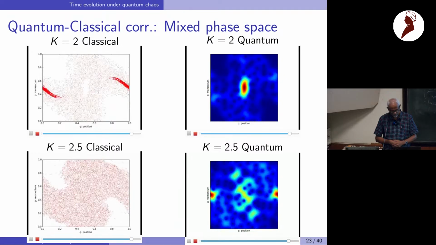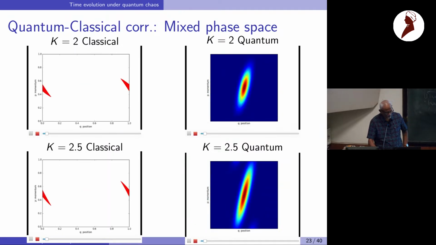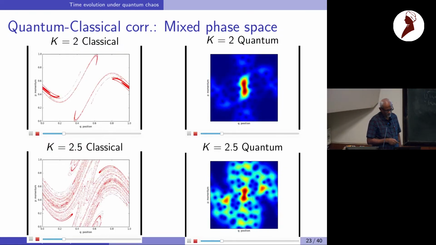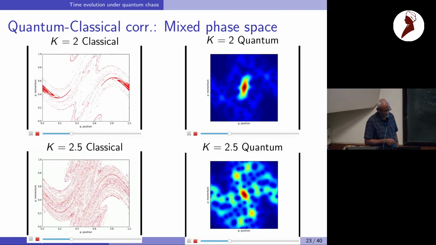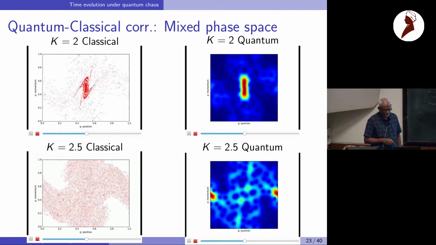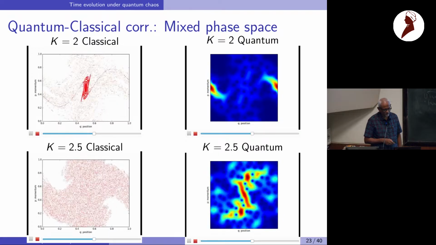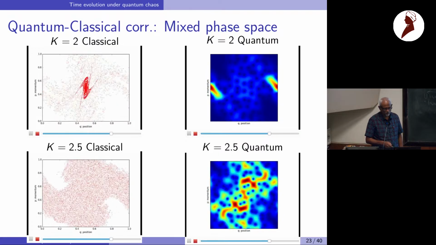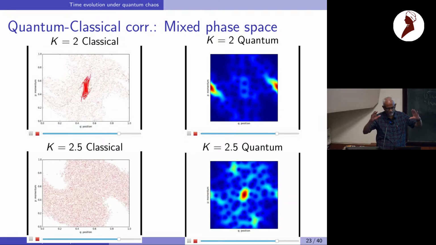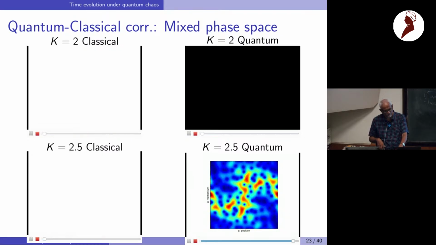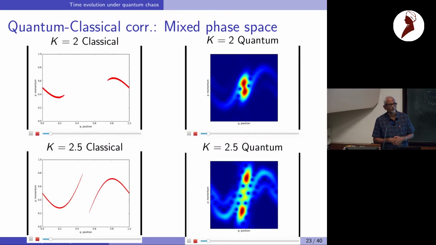For the 2 case, it's quite remarkable that for a very long time the quantum classical correspondence seems to still hold, because it has just lost stability. Whereas at 2.5, it has lost the stability of the period 2 point. So it's now spread all over the place, and there can be revivals. You can see these revivals.